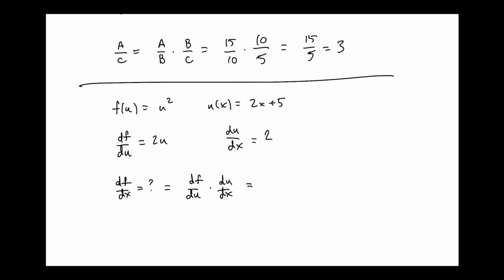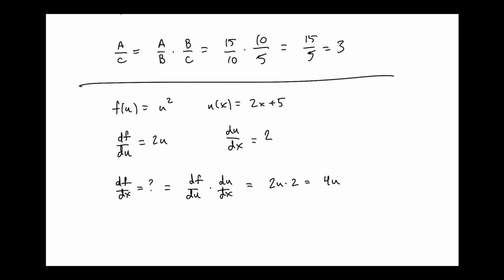Okay, so good. All right, so what did we get for df du and du dx? Those two things, we'd have 2u times 2 or 4u. All right, now, is that a satisfying answer? I mean, it's an answer, but would I be completely satisfied with it?